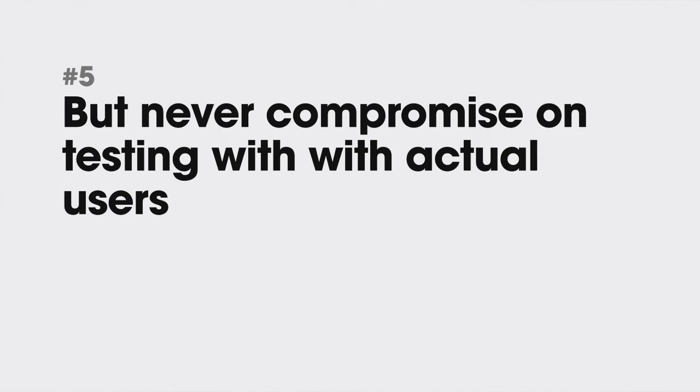So make the smallest thing that you can make to enable you to test it. So lots of things that you can scale down on to make it easier. But there's one thing that you can't scale down on. And that is to never compromise on testing with actual users.